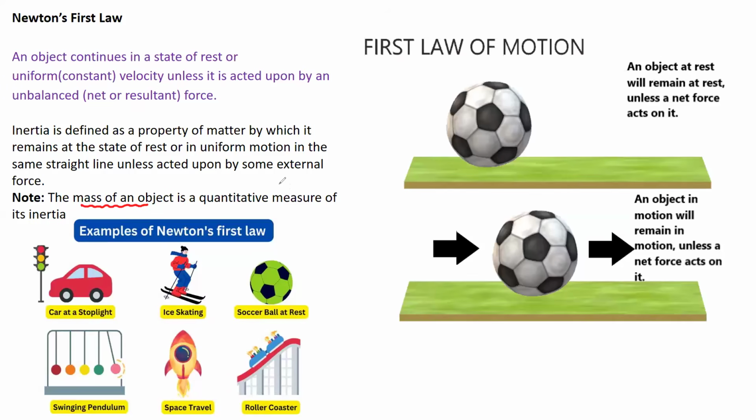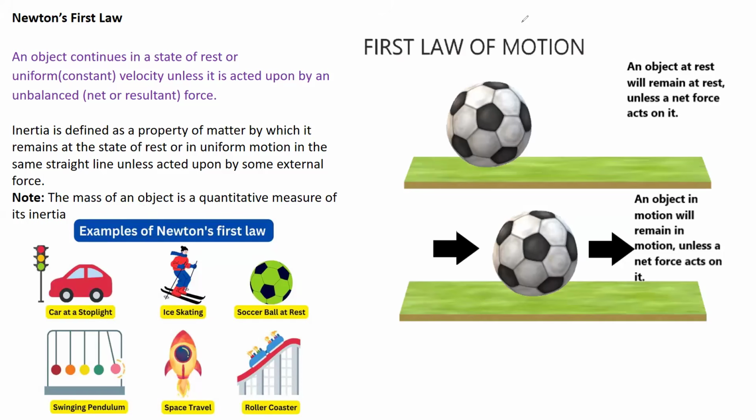So it's pretty much tied down to Newton's first law, but when asked in your questions, please write this one. An object continues in a state of rest or uniform, which is constant velocity, unless it is acted upon by an unbalanced, which is net or resultant force.